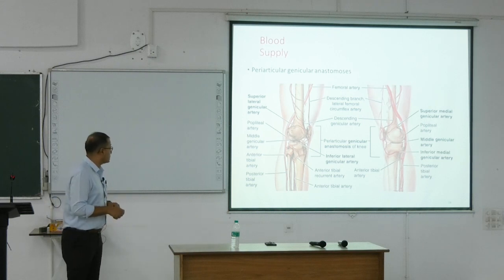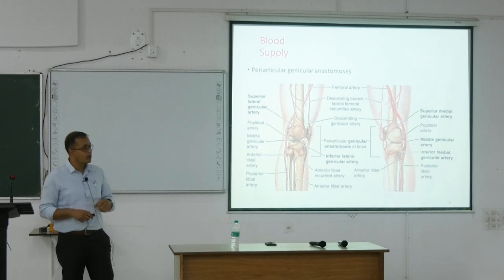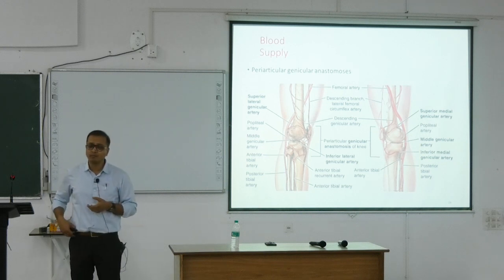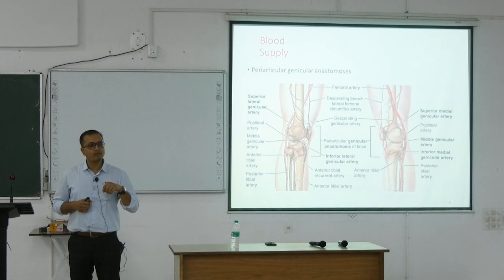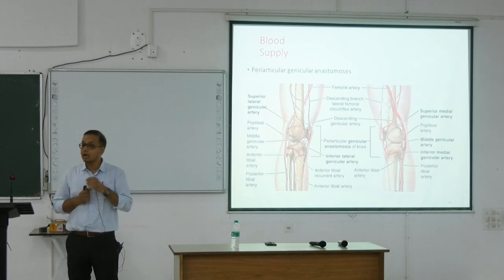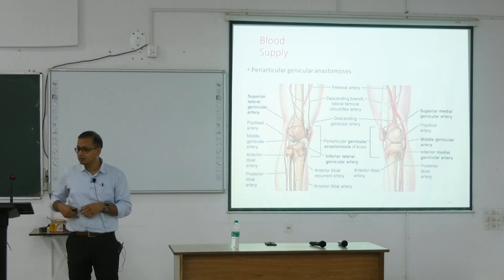Now the other thing that is important for us: we learned about a branch coming from the femoral artery, the arteria profunda femoris. That gives branches known as the medial circumflex femoral artery and the lateral circumflex femoral artery, which are present around the hip joint and serve the blood supply to the hip joint region.